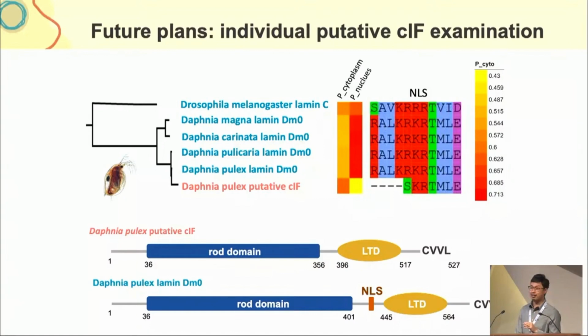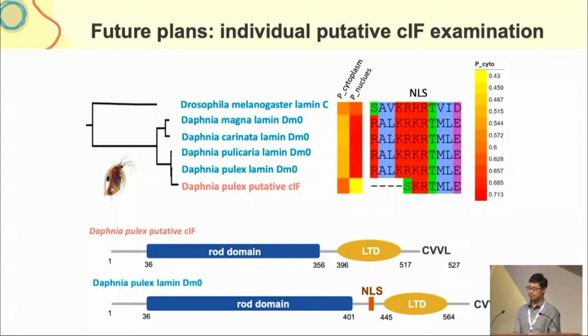And this is one of the examples of the projects that we are working on right now in our lab. We found that in most Daphnia species, there is only a single copy of lamin. But in this Daphnia pulex, we found that its lamin has become duplicated, and one of its copies seems to have lost the nuclear localization signal.